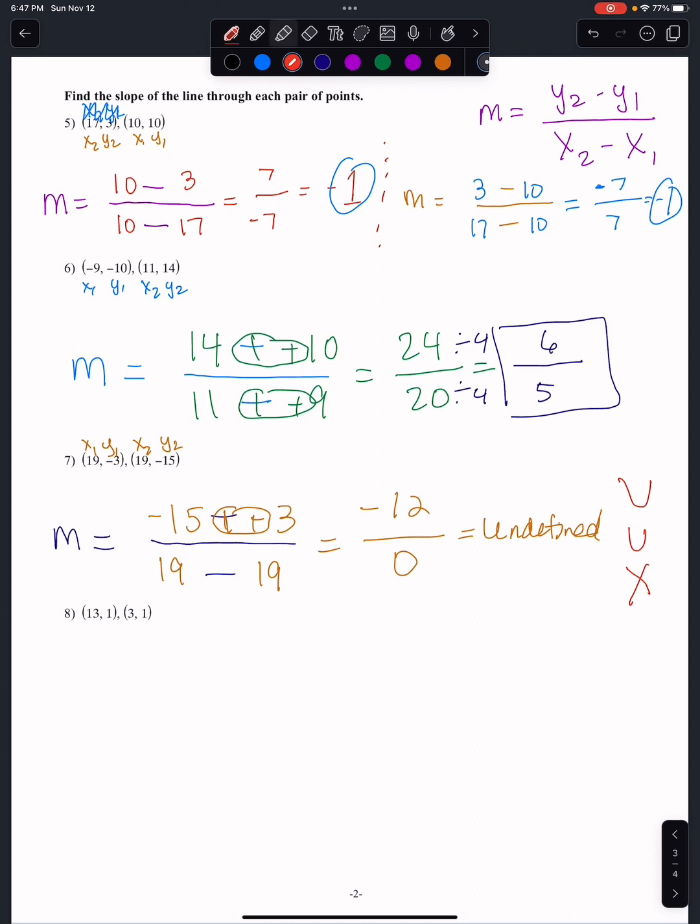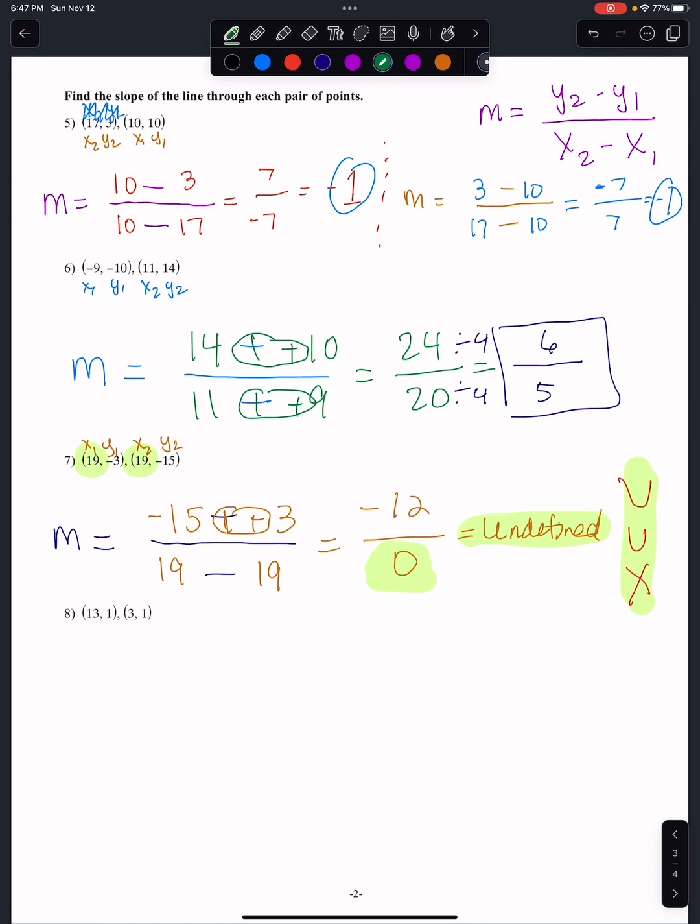So let's go ahead and do some more highlights like we did on the previous screen. When the denominator is 0, that means it's undefined. That means that our X's were the same, which triggered VUX. You will be asked that question, so make sure you know that.